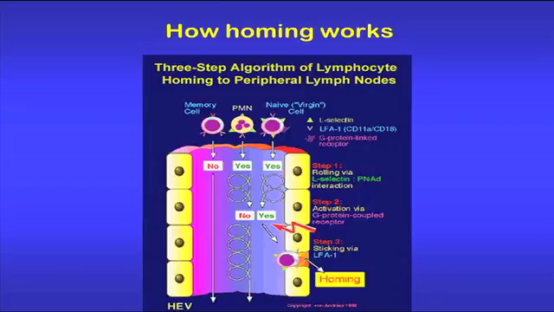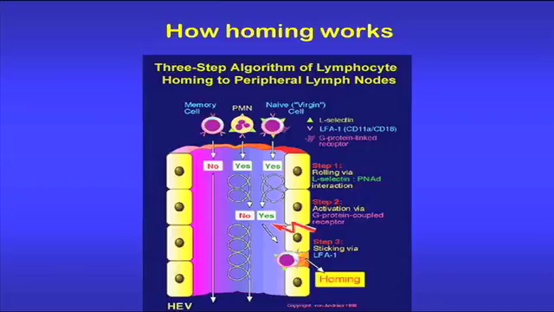On the left, you see a memory cell, and the memory cell basically will see almost nothing on this endothelium of interest to it, so it just passes right through. And in this case, this would be an effector memory cell, not a central memory cell. Effector memory cells do not enter lymph nodes because they're highly activated and would cause a lot of trouble in the lymph node simply by stirring up all the cells that are already there.